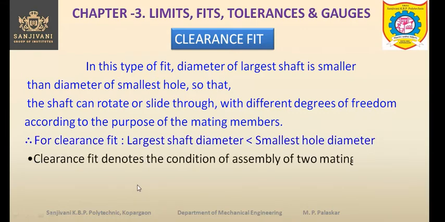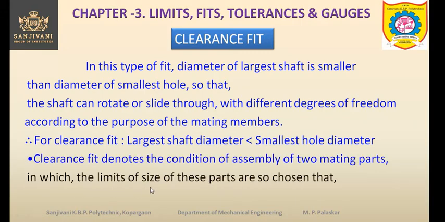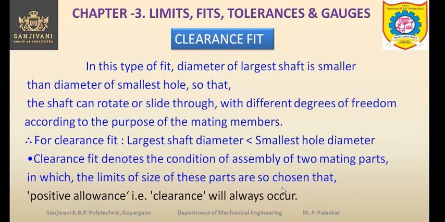So clearance fit denotes the condition of assembly of two mating parts in which the limits of size of these two parts are so chosen that positive allowance, that is clearance, will always occur. Always there will be clearance. So there is a variation in the size, that is the upper limit and the lower limit.